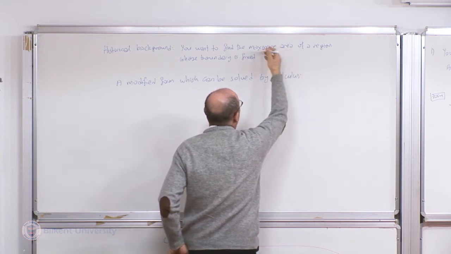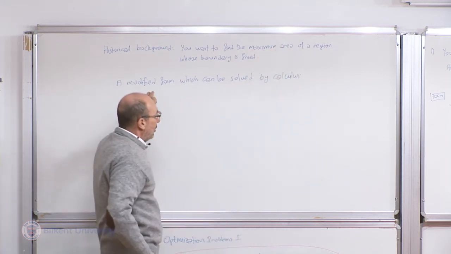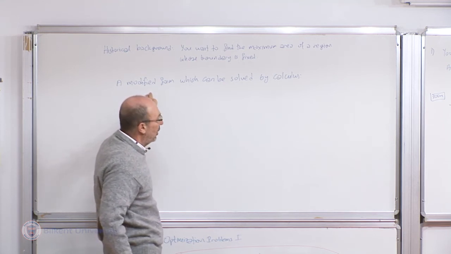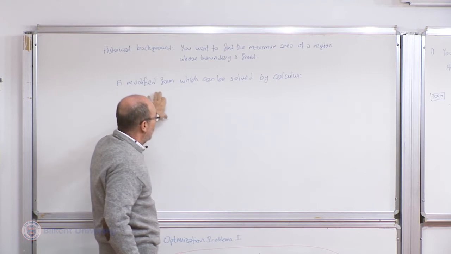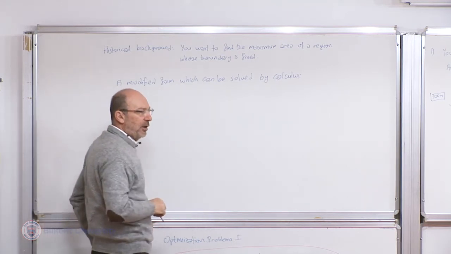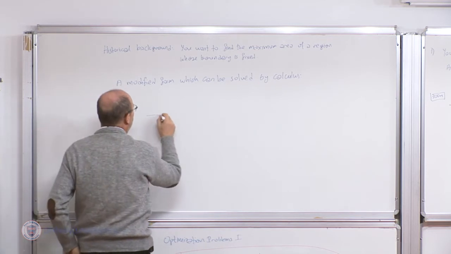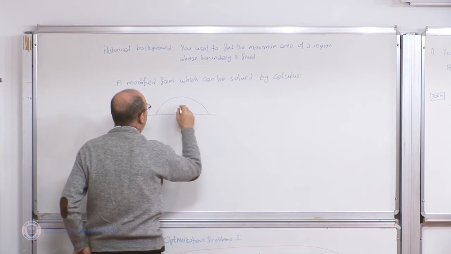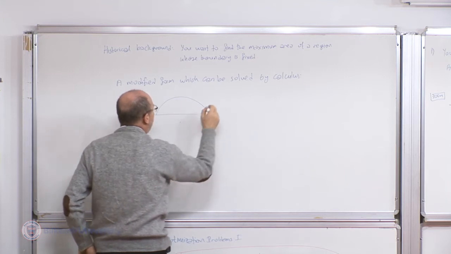Such problems are within the domain of what is called calculus of variations. But now this can be solved by calculus. Here we restrict this to be a semicircle. Okay, so here we have a semicircle whose center is somewhere here. So its center can be anywhere.